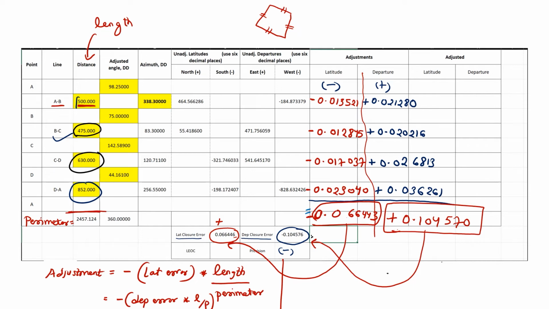So this is positive, so your total sum of the adjustment is negative of the same number, and here it is negative, and here you are getting a positive number. So this sum should be equal to the respective latitude and departure error, with a negative sign.